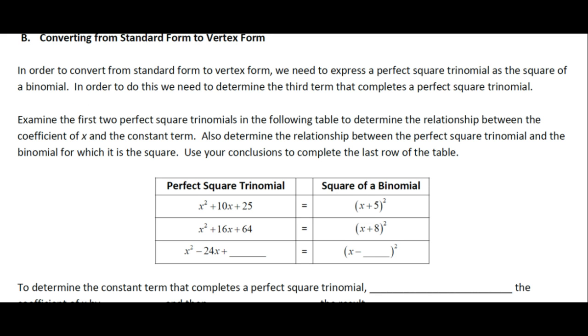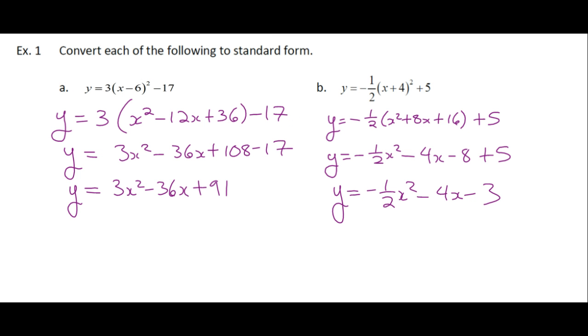Okay, so converting vertex form to standard form, easy peasy, right? Square a binomial, multiply by the constant out front, and collect the constant. In order to convert from standard form to vertex form, we need to express a perfect square trinomial as the square of a binomial, right? Looking back, in vertex form, you have the square of a binomial.